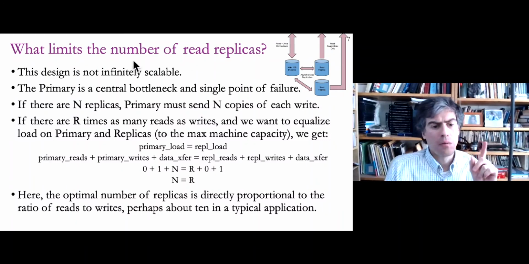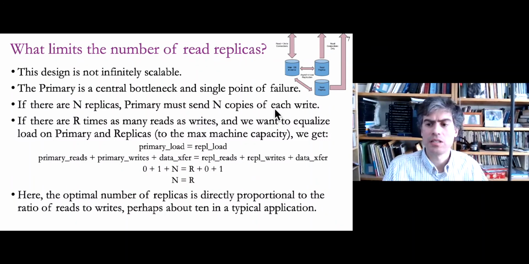But more to what I was asking, what limits the number of read replicas is, I think, I have a little extra math exercise here that comes to the conclusion that the number of replicas you can have really depends on how many writes you have. Because the more writes you have, the more work this main database needs to do in replicating its data to the reads.